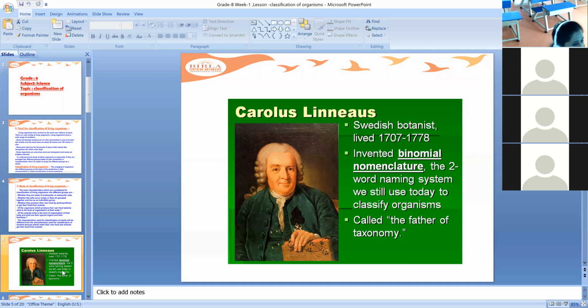He invented binomial nomenclature, the two-word naming system. We still use this today for classifying organisms. He is called the father of taxonomy. Who is the father of taxonomy? Carolus Linnaeus. Yes.